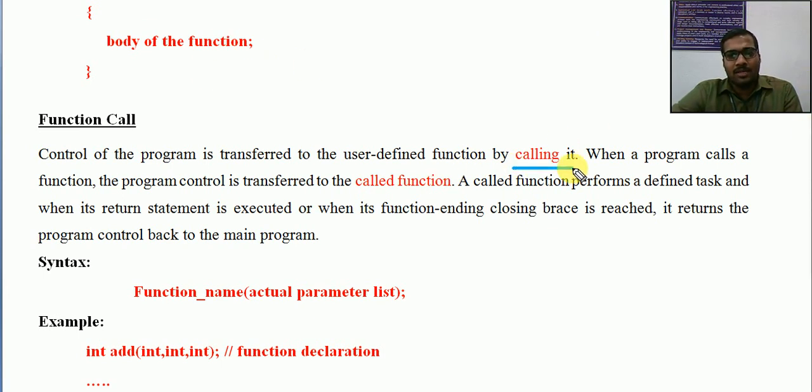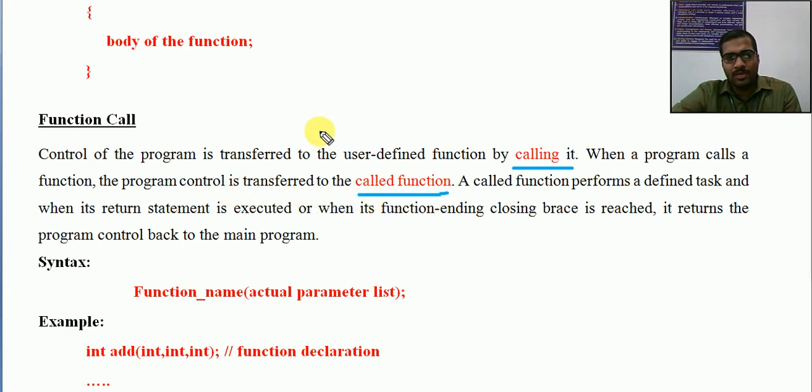When we are pressing on the switch of the fan, while pressing on that switch I am making a call. Now the control will be passed to the exact function of the fan. So that is called calling. When a program calls a function, the program control is transferred to the called function.